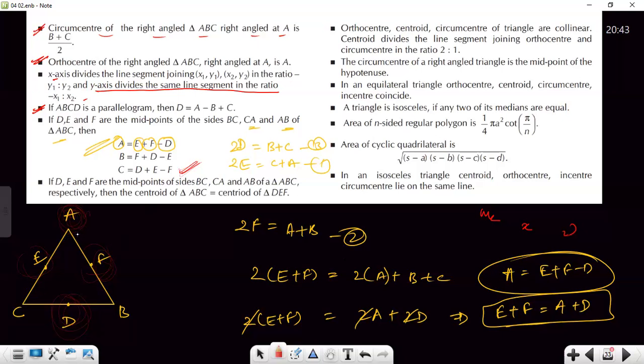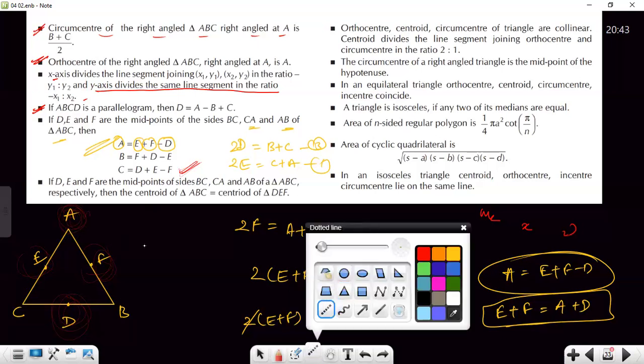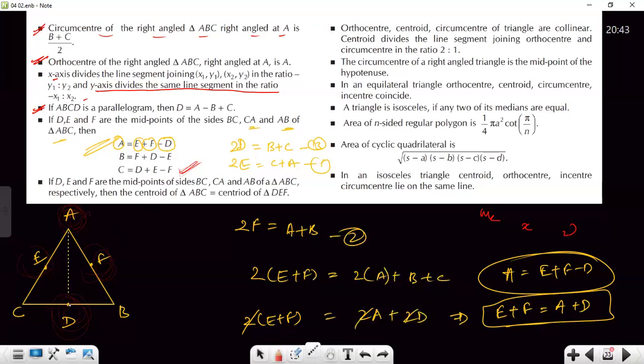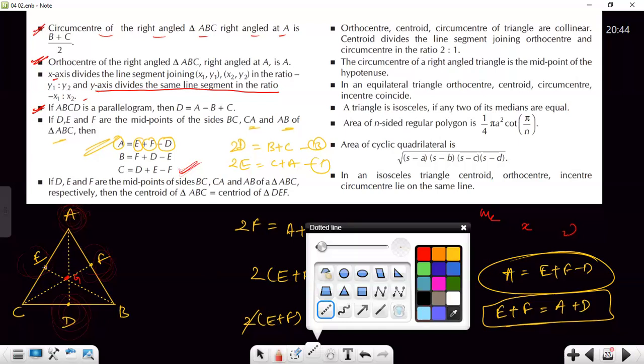Okay, so what they are saying is that the centroid of triangle ABC will be formed by drawing medians from A to D, C to F, and B to E. This point G will be the centroid of also the triangle EDF.